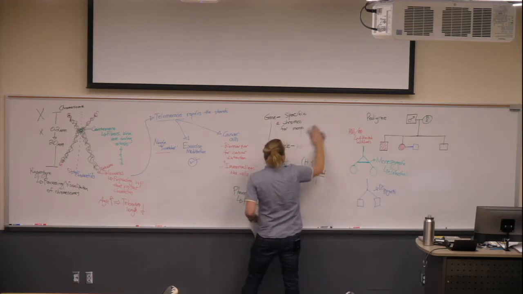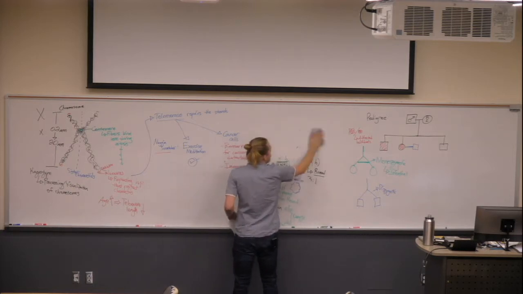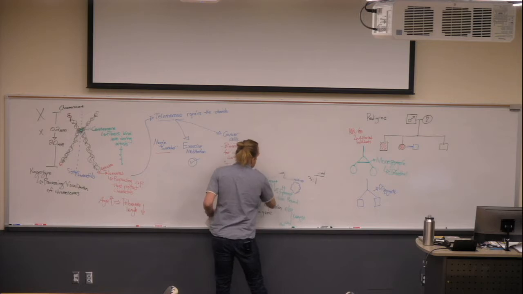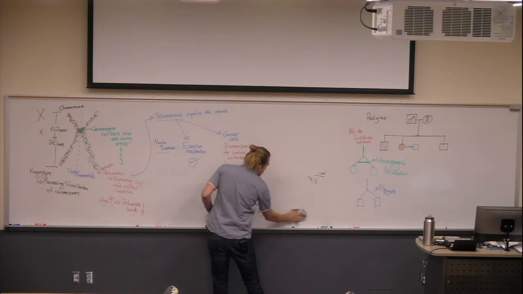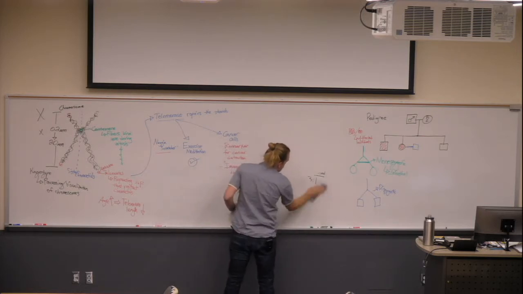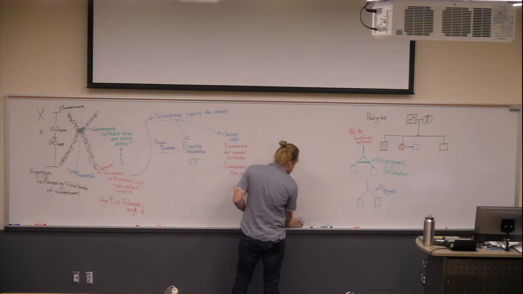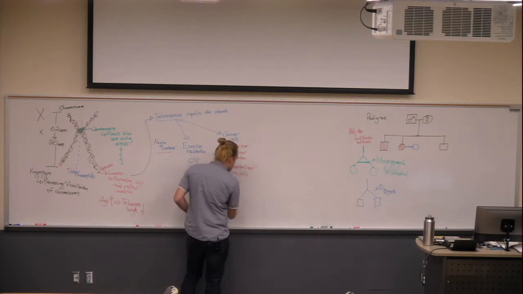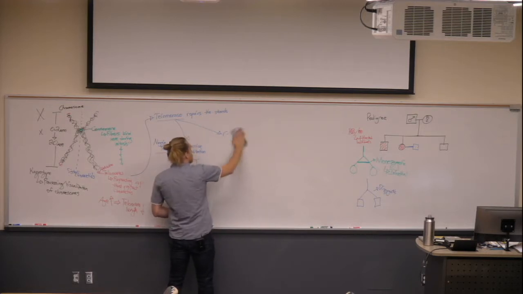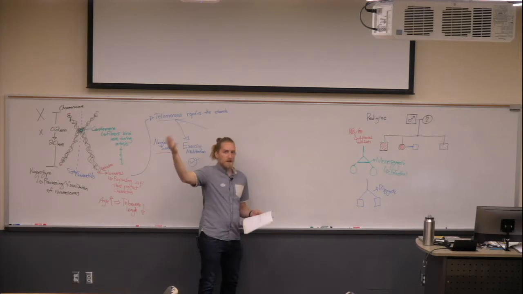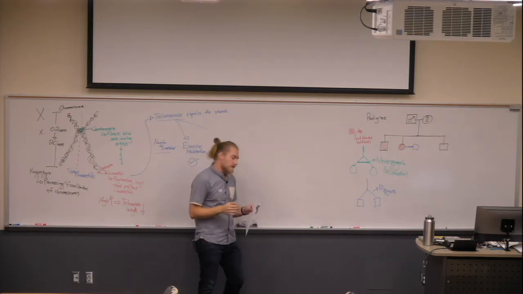I'm just going to erase this part of the board because I'm still going to reference the pedigree. So one way humans inherit traits is what are called sex-linked, which is a fancy word for like all males or all females inside of a family.